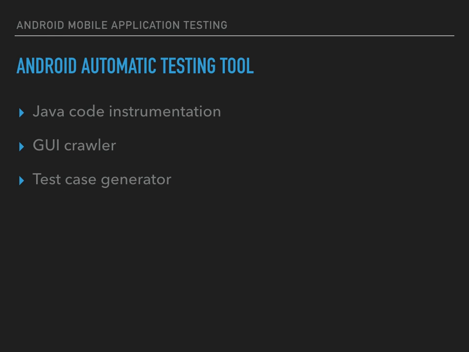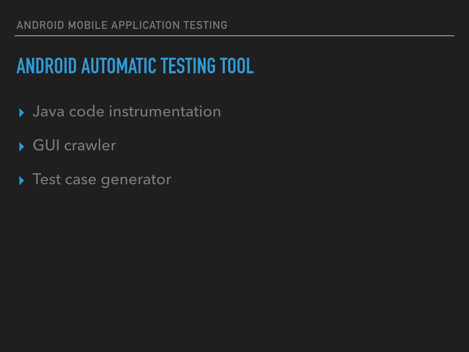Okay? So there's actually a tool for the GUI crawler technique, and it's called the Android Automatic Testing Tool. Pretty generic name, but it gets the point across. The Android Automatic Testing Tool contains three different components: the Java code instrumentation component, the GUI crawler component, and the test case generator.